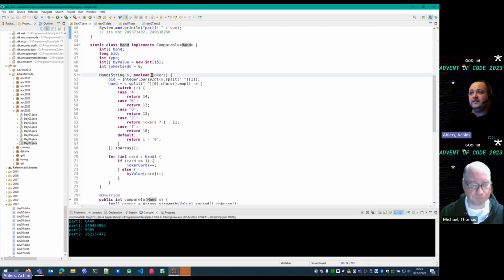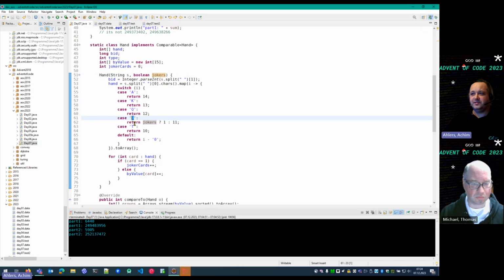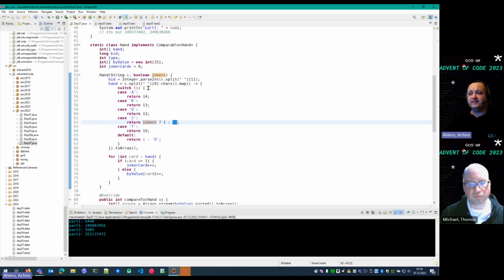So I have here the additional jokers parameter, which I introduced with part 2. So for part 1, the jack, represented by J, is an 11. So I map the characters into proper numbers.